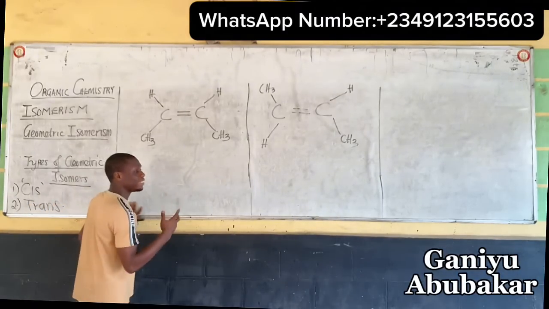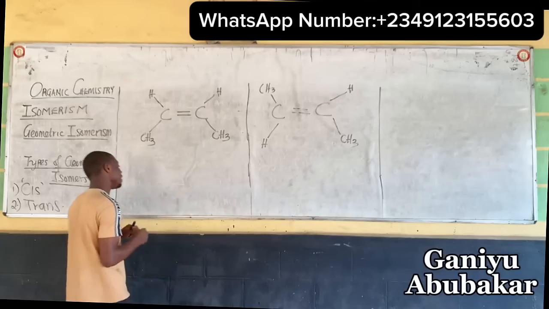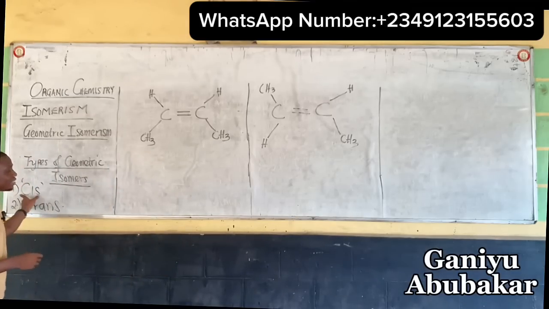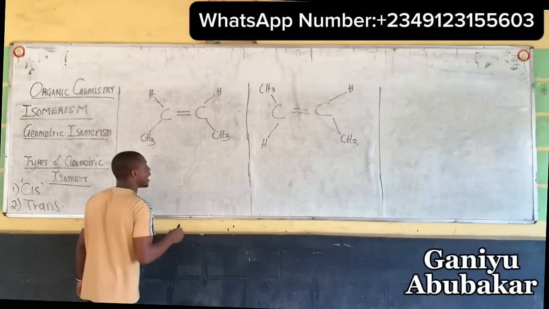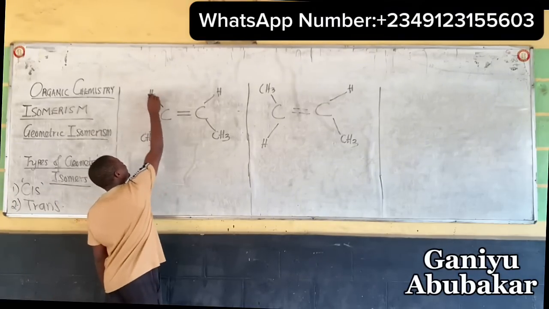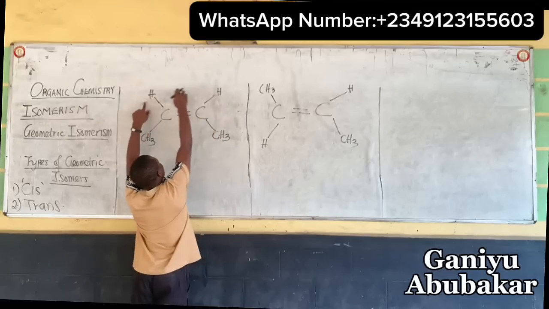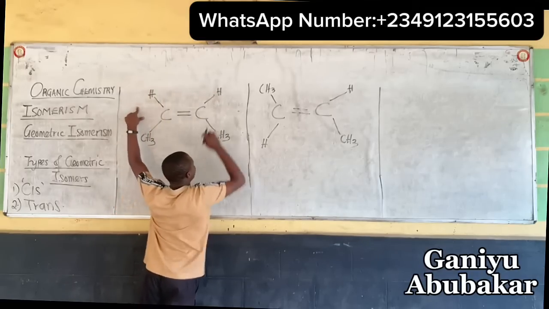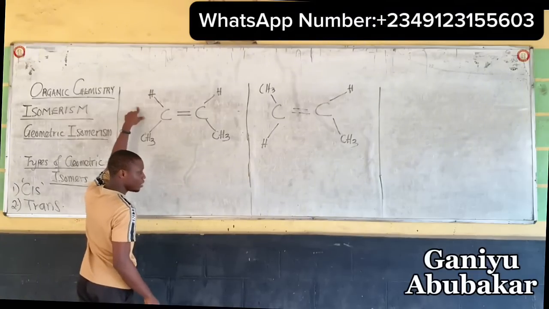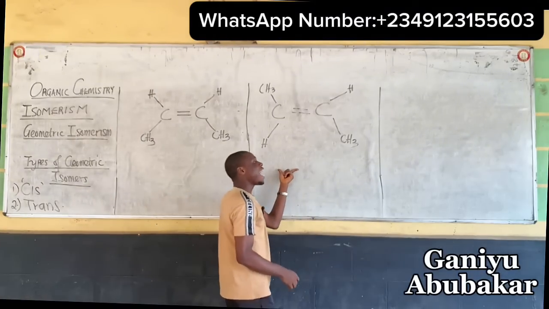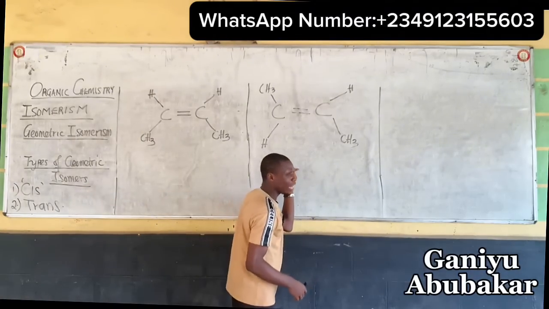To explain cis and trans system, please bear in mind that for cis, the hydrogen are placed in a linear pattern. Observe, I have H H. They are placed in a linear pattern. That's for cis. For trans, the hydrogen are placed diagonally.